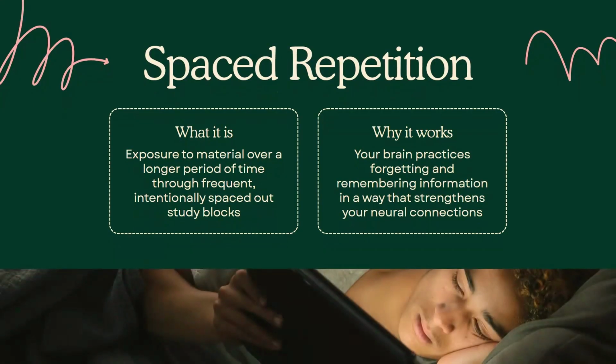For a lot of science courses and language courses, spaced repetition is a popular way to approach this. This is the idea of exposure to material over a longer period of time through frequent, intentionally spaced out study blocks, which again works because your brain is practicing the forgetting and remembering of information so that those neural connections become stronger.